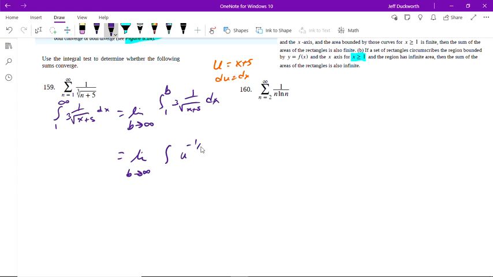So u to the negative 1/3 power du. Let's make that 3 a little more pronounced. Hopefully that's more visible. All right, so using the fundamental theorem of calculus, we can integrate this and evaluate. So this integral here, it's going to be 3/2 u to the 2/3. And then we replace the u with our actual value and evaluate it from 1 to b.